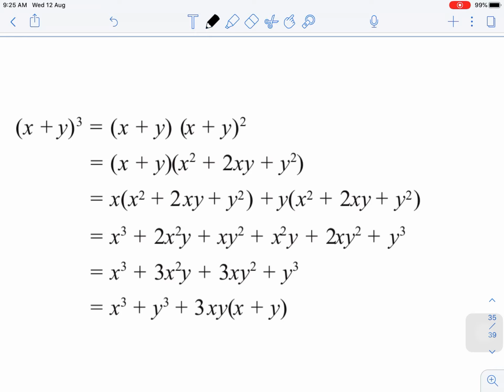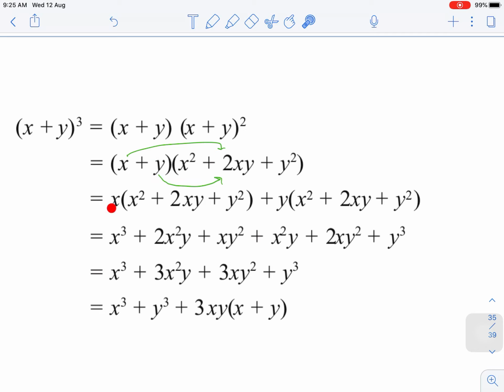Now this x will first multiply with this full bracket, and then this y will multiply with this full bracket. So in the next step we get x into (x square plus 2xy plus y square) plus y, that is this y, into this full bracket.